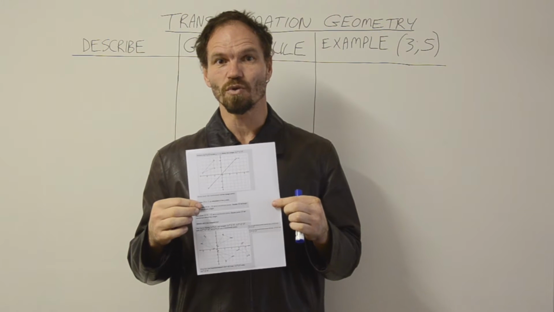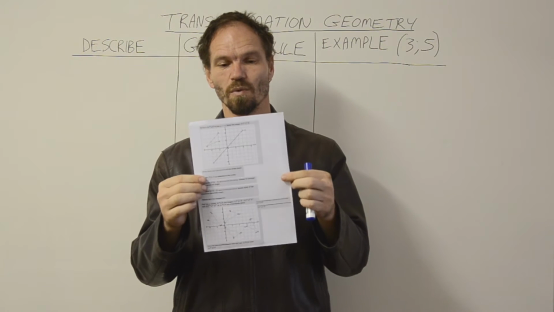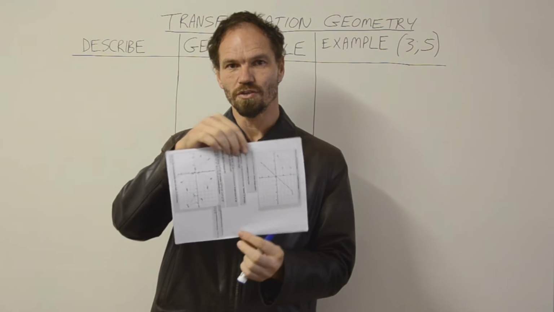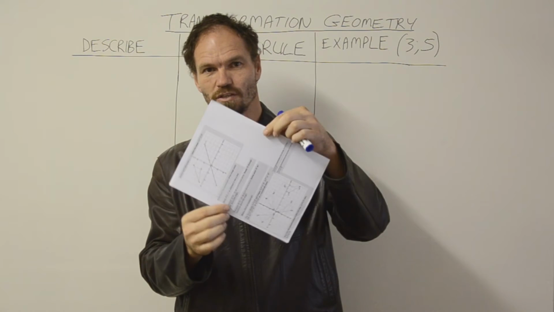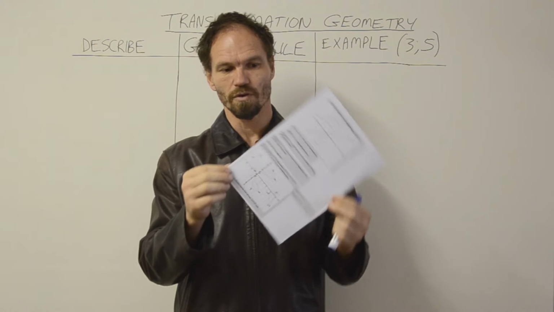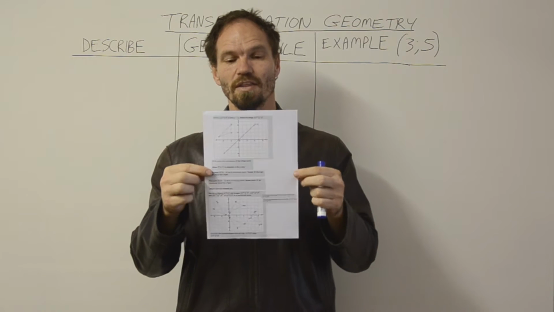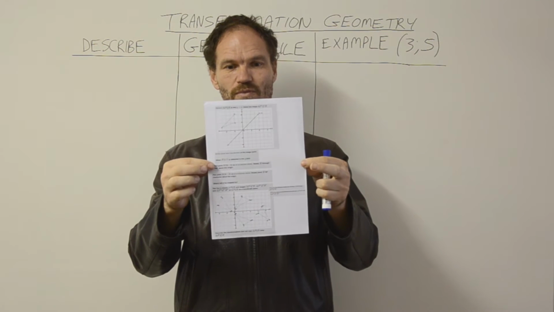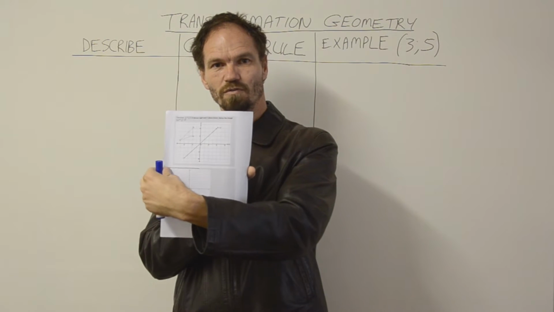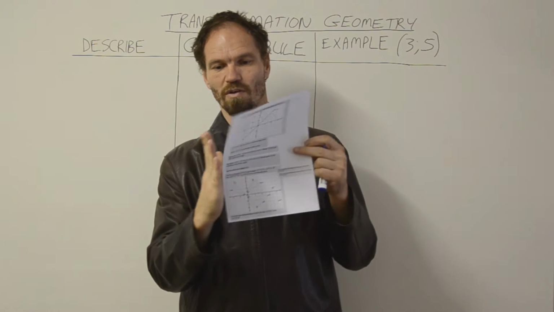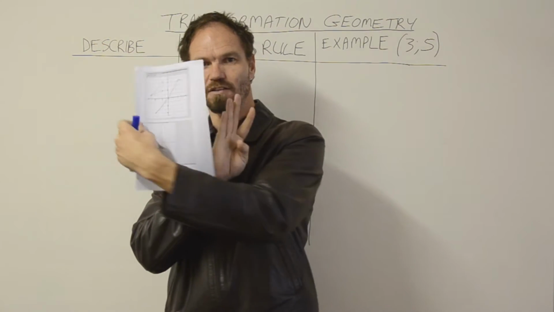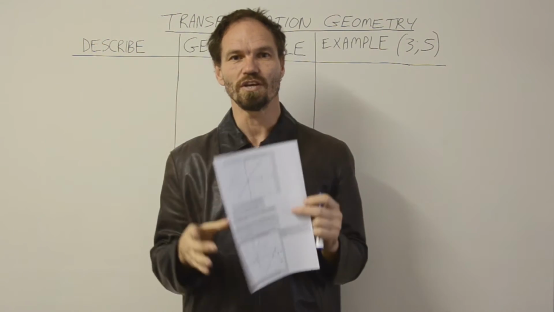That is a translation. Then you also get rotations, where it rotates around a point, or it can rotate like that. Right? That's called rotations. And then you get reflections, where the thing flips over, right? It's been reflected over the line and the orientation changes.